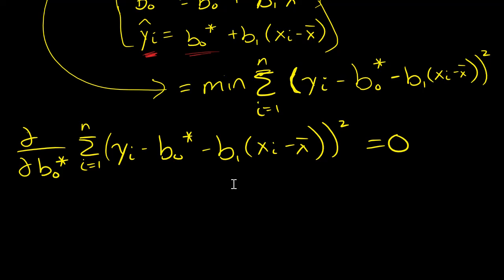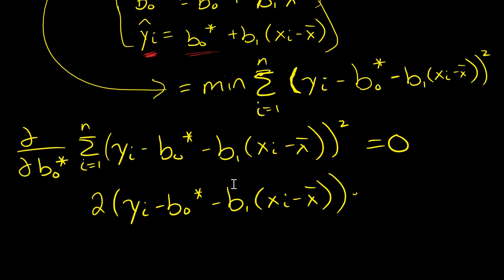Bring down the 2, keep the inside, and then take the derivative of the inside with regards to b0 star. I still have this sum out front. The b1 (x_i minus x bar) term is a constant, the derivative of the b0 star term is just negative 1, so times negative 1.